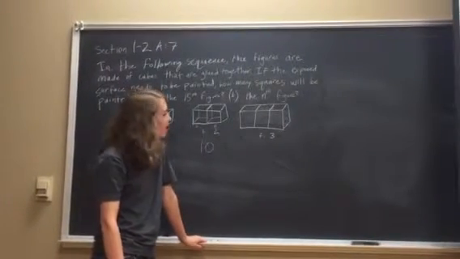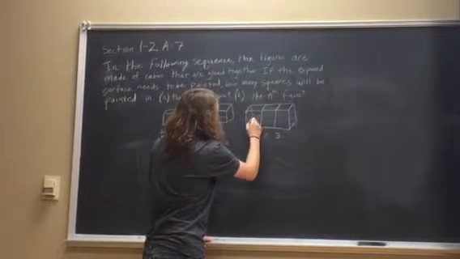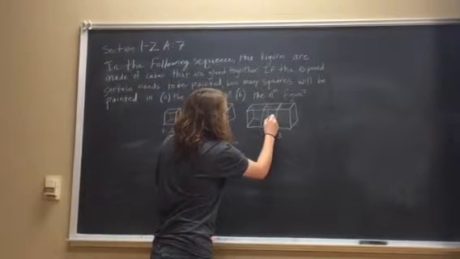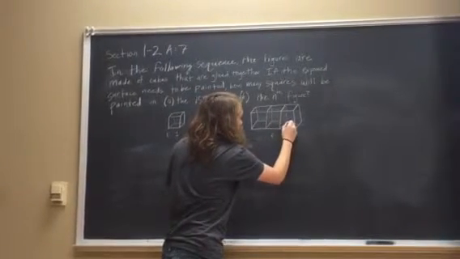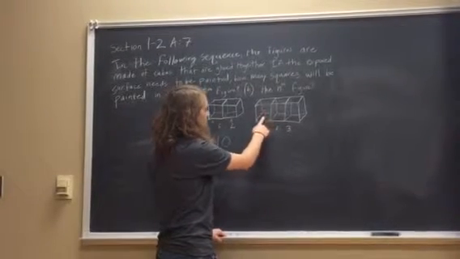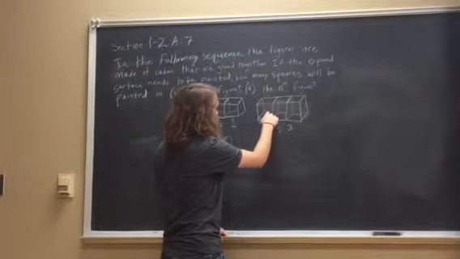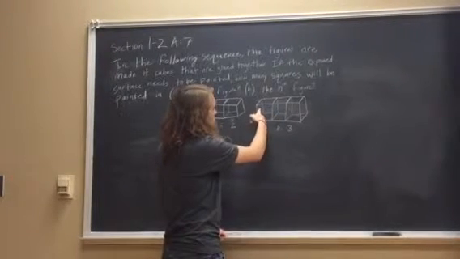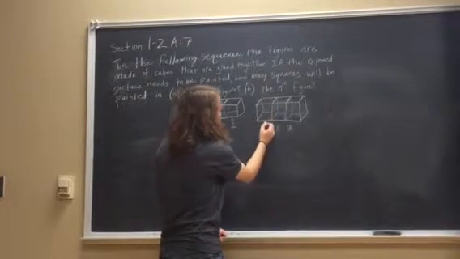And moving on to figure 3, we'll draw in our sides again, just to make it a little bit easier. So we have the bottom for 1, the front for 2, the side for 3, the top for 4, and the back for 5.